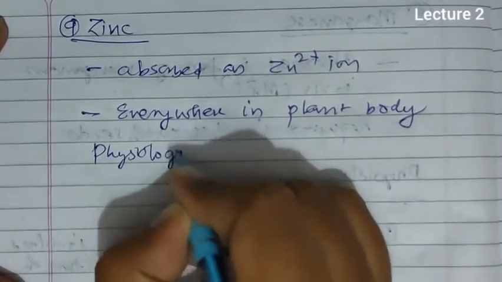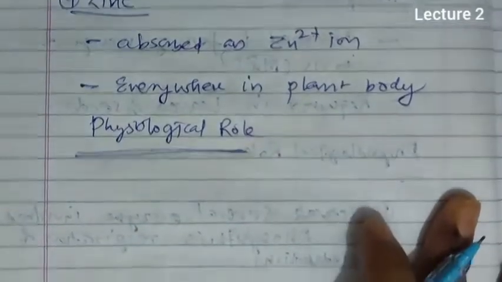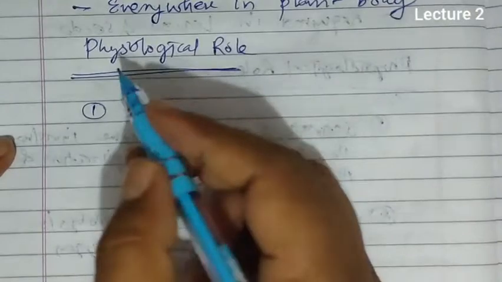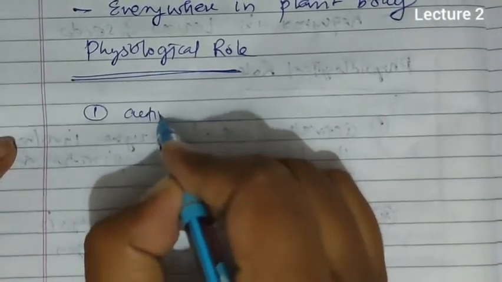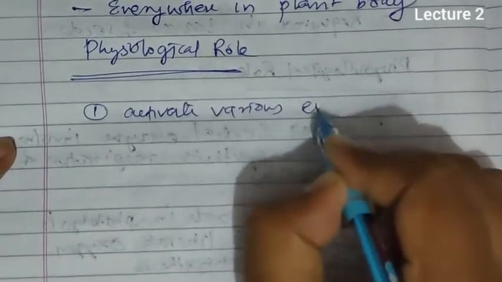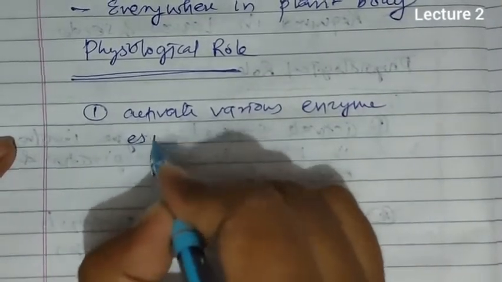Next we talk about physiological role of zinc, and in this we come with the first role, that is it also activates various enzymes, especially carboxylases.